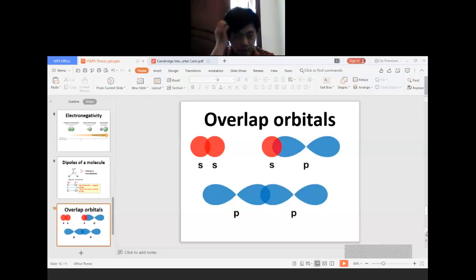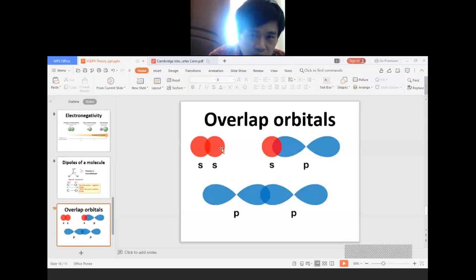And then the s orbital. How come they overlap? This s orbital, the circle here, represents the movement of an electron. So the s orbital contains an electron. This also has an electron. So the electrons overlap each other. So they are called sharing electrons.